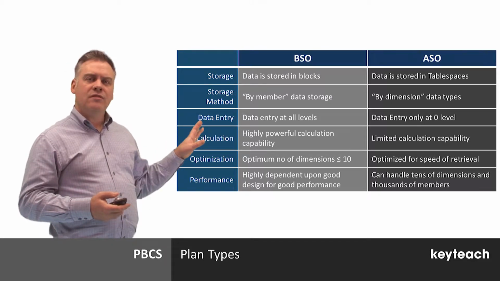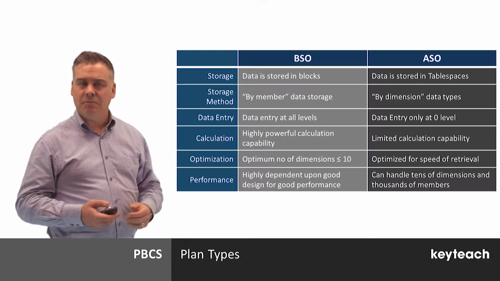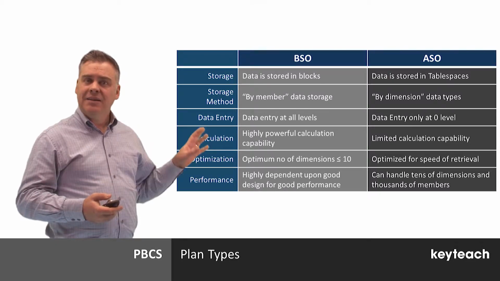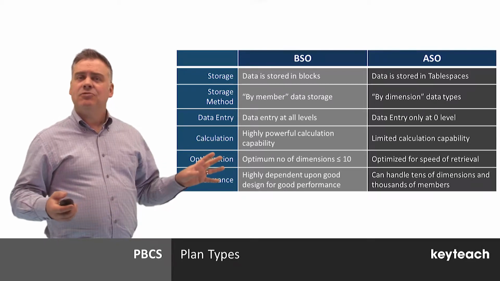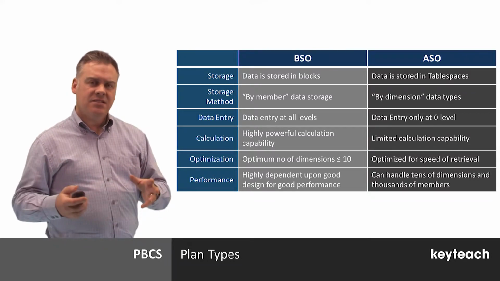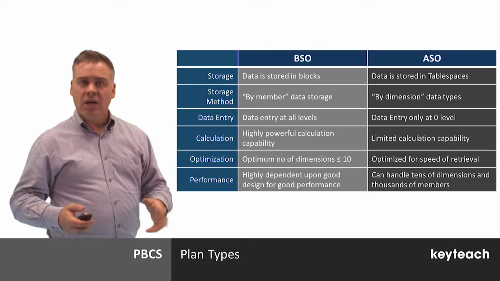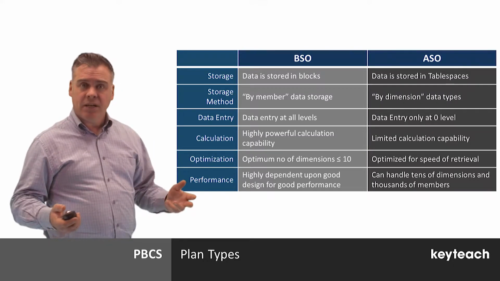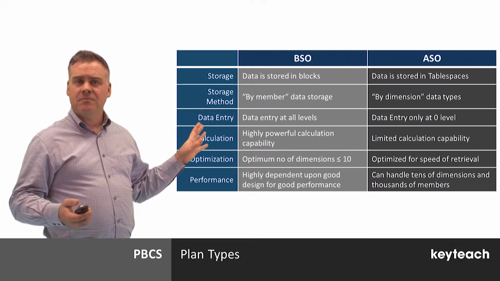Here we can see an overview of the main differences between block storage and aggregate storage databases. In block storage databases, data is stored in blocks with the aim of making the blocks of data as densely filled as possible and storing as few blocks as possible whilst still supporting the complete dataset.